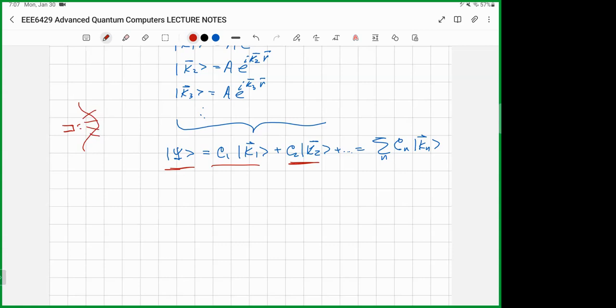Before you measure the velocity of your electron, you cannot say in which particular state your electron is. And before you did this experiment, you have to assume that your electron is in all these states all together, simultaneously.